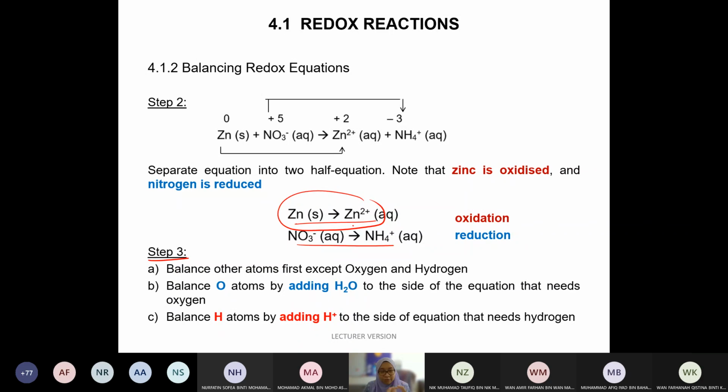In terms of the atom itself, in terms of the species itself. Okay, so kalau dia tak balance, contohnya macam dia ada benda lain kan. So you kena balancekan first. Okay, alright, so then B. Okay, since A dah balance oxygen atom. So kita nak balancekan oxygen atom by adding H2O to the side of the equation that needs oxygen.